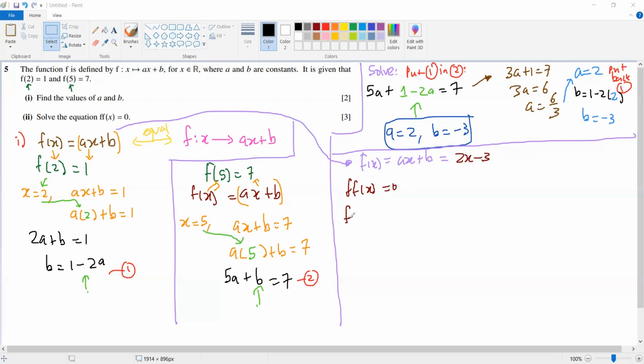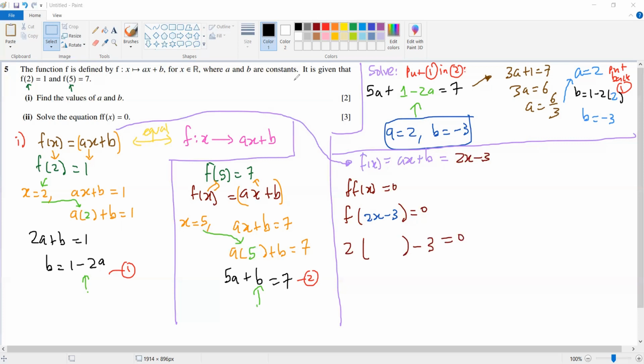There are two ways to do this. One, we substitute f(x) itself, which is 2x minus 3. In the 2x minus 3, this is like f where the input is 2x minus 3, so we just change the x part. The equal to 0 is because we copy it from here.